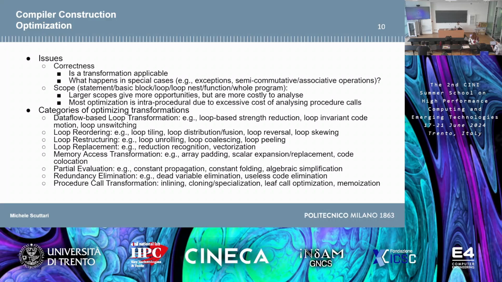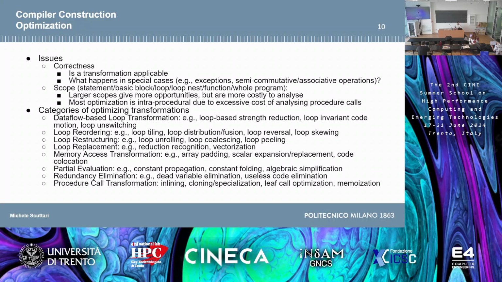For instance, when we perform transformations on the code, we may change the exception behavior. What happens if your transformation removes a division, and that division could divide by 0? Obviously, you have removed an exception from the program. The same is true for the commutative and associative properties of operations.